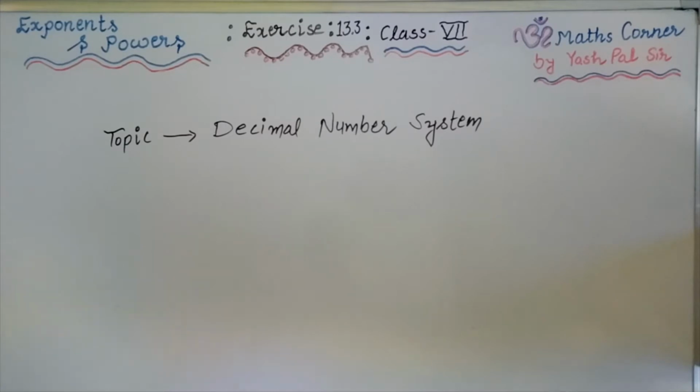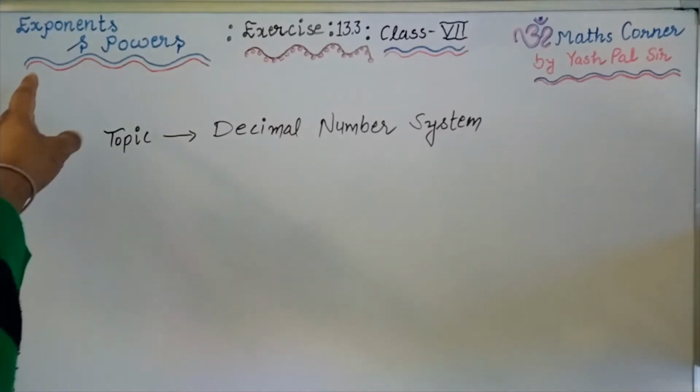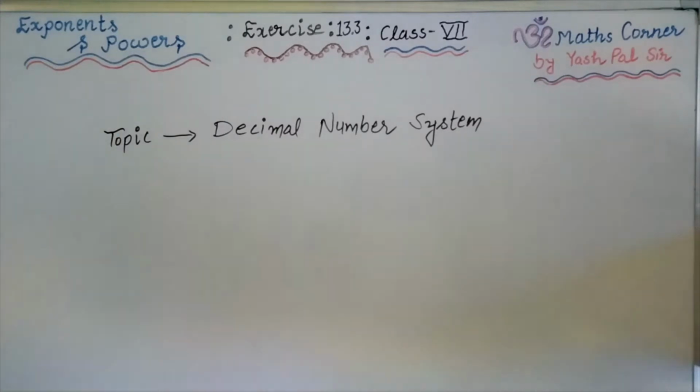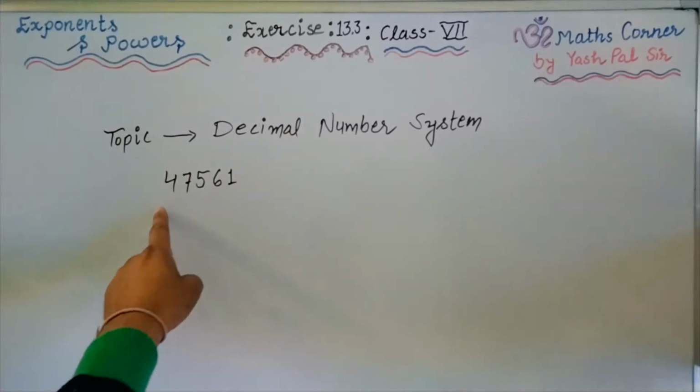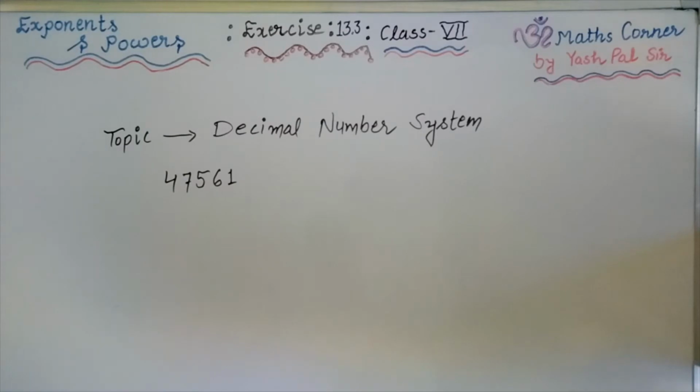First of all, let us have the introduction of decimal number system under the heading exponents and powers. Now let us look at the expansion of 47,561, which we have already studied in previous class.